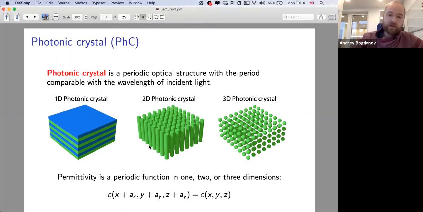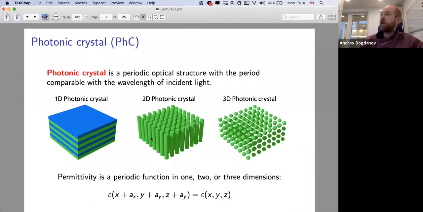It's like a slab, but perforated, or it consists of some 2D array of particles. Or if it's very thin, we also can say a metasurface.